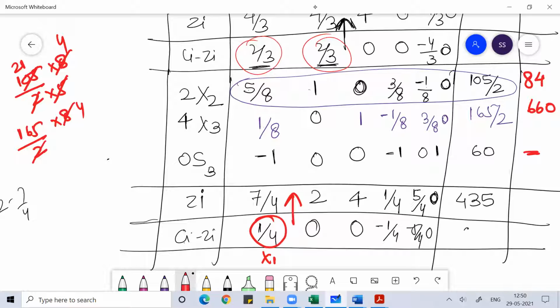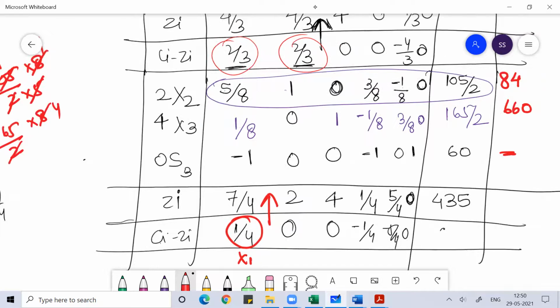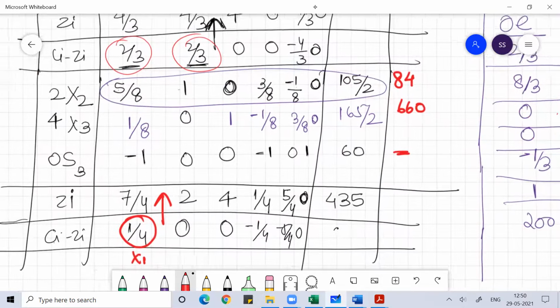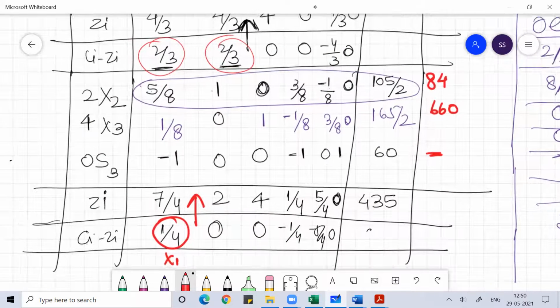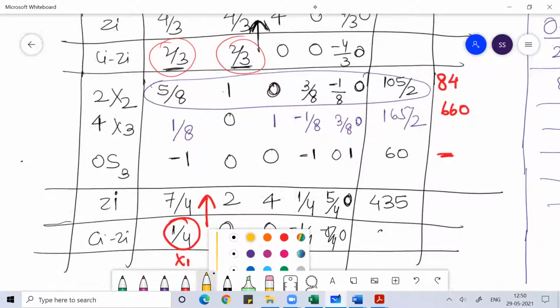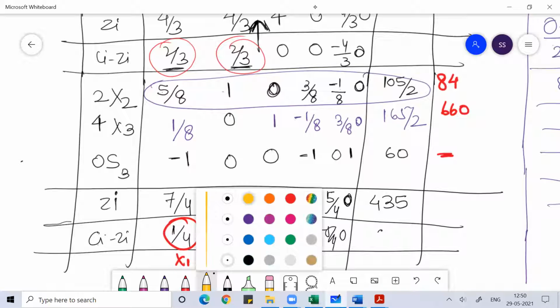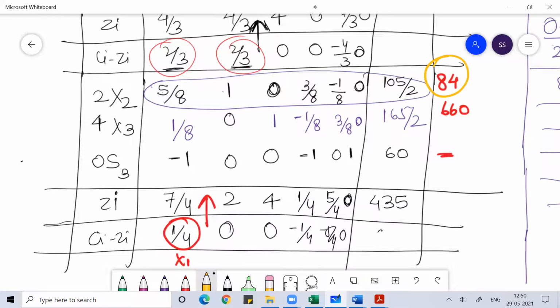So out of all the values of theta you got, which one is the smallest value? Out of all the values of theta, the smallest one is 84. It means x1 is entering and will replace x2. So x2 is leaving the solution and will be replaced by x1.